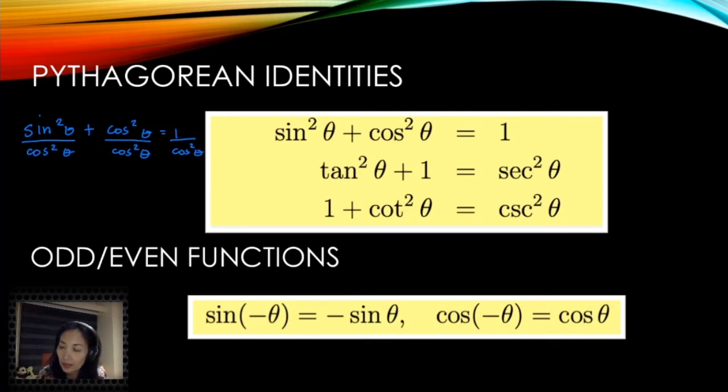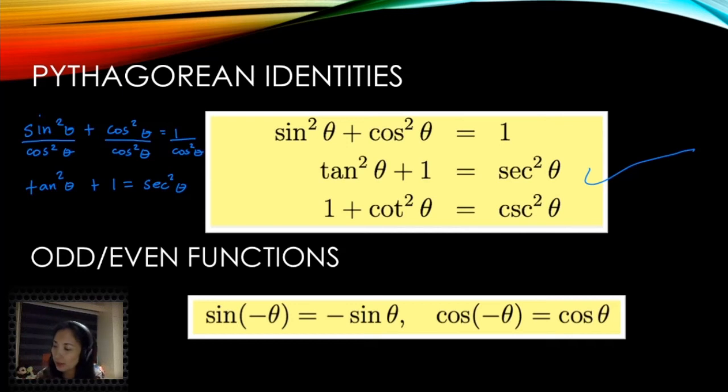However, this is sine squared. So this must be equal to tangent squared theta plus cosine squared theta over cosine squared theta is equal to 1 over cosine squared theta. 1 over cosine from our previous set of identities is secant. However, this is 1 over cosine squared. Therefore, this is equal to secant squared theta. So that was how the second identity was obtained.